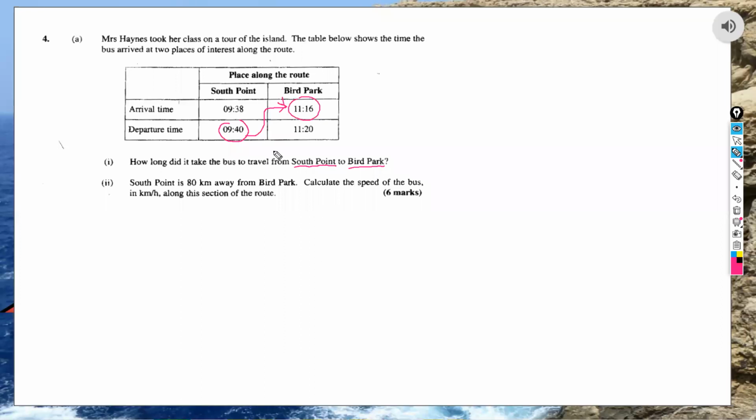So let's break this down quickly. It's 9:40. How much time does it take to reach 10 a.m.? Think about it. If it's 9:40, won't it take 20 minutes to reach 10 a.m.? 9:40 isn't too far away from 10 a.m. And then how long does it take to go from 10 a.m. to 11 a.m.? Well, that's 1 hour, or 60 minutes.